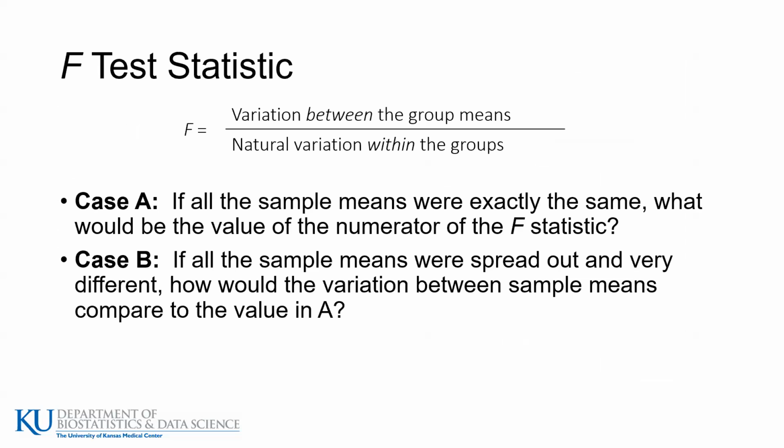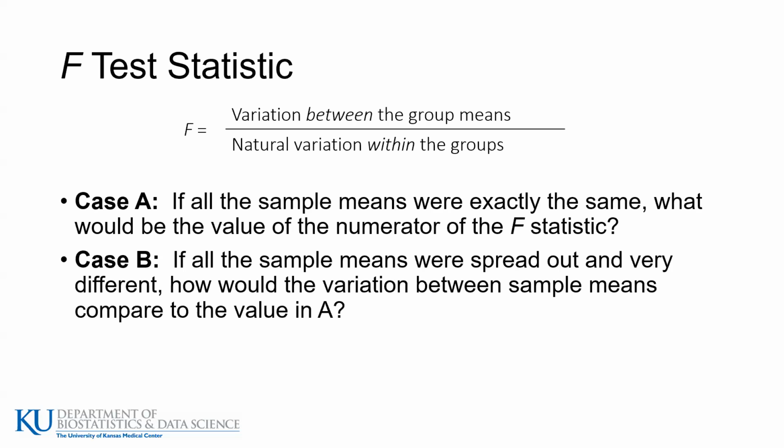Going back to the F statistic, let's consider two different cases. So case A, in case A, suppose that all the sample means are exactly the same. So what would be the value of the numerator that we would expect in the F statistic?